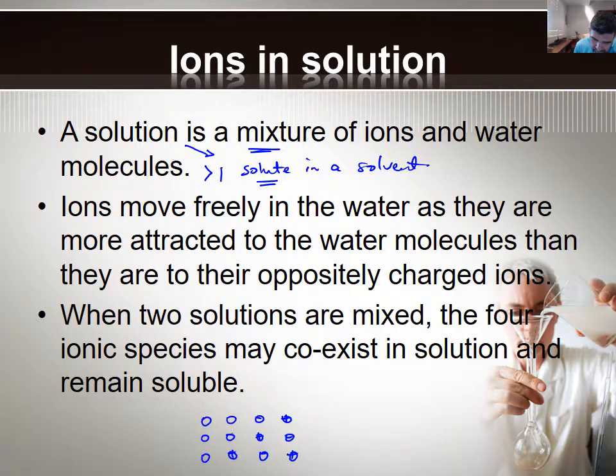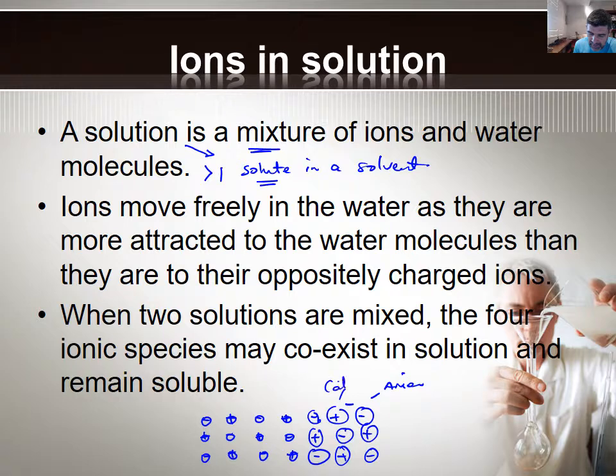This is very poor and almost impossible to read, so let me add a few more over here. Plus, minus, plus, minus, plus, minus, plus, minus. So these are all ionic bonds, and this is an anion, and this is a cation.